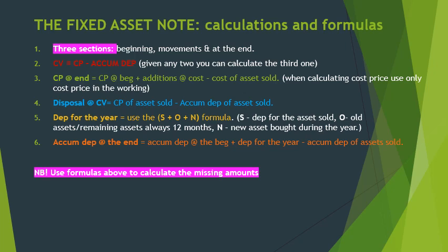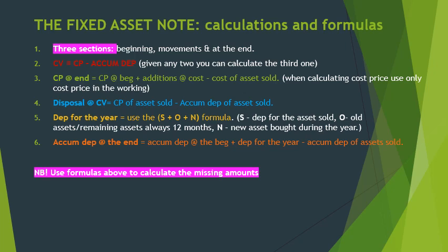Then the last formula is accumulated depreciation at the end. We calculate by saying accumulated depreciation at the beginning plus depreciation for the year minus accumulated depreciation of assets sold. So as you approach a fixed asset note, you need to understand these formulas because some of or most of the figures are going to be calculated as missing figures, as we will see from the example we are going to do.